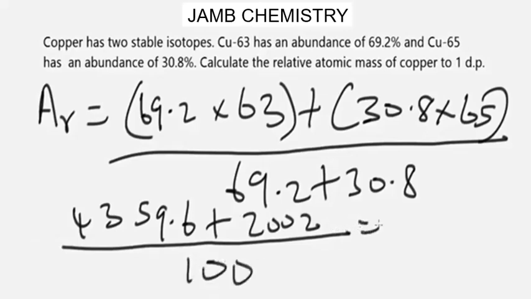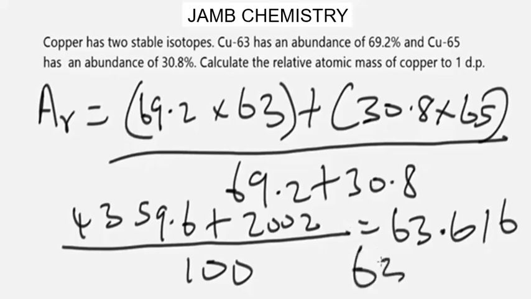So when you break everything down, let me punch it in the calculator. Okay, so we have the value to be 63.616. But remember, we were asked to leave our answer in 1 decimal place. So to 1 decimal place, the value will be 63.6, and this will be the answer.